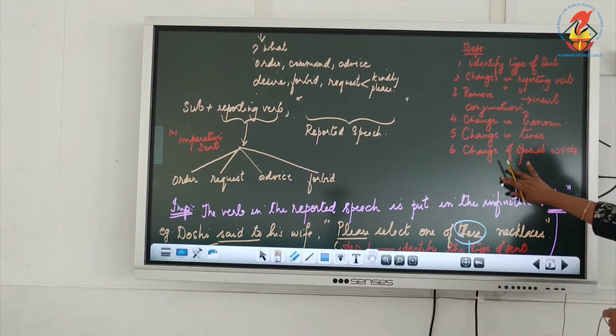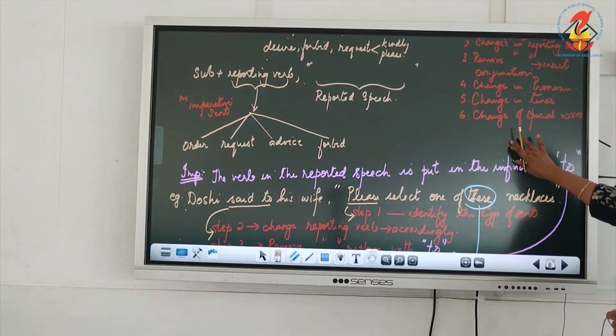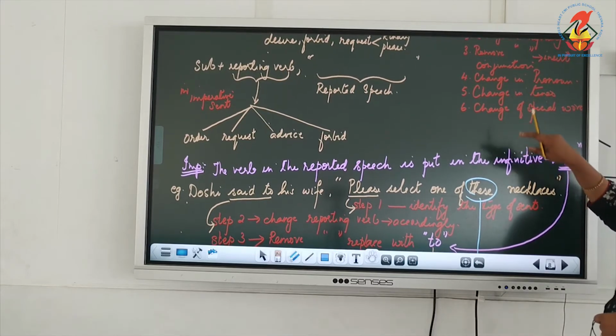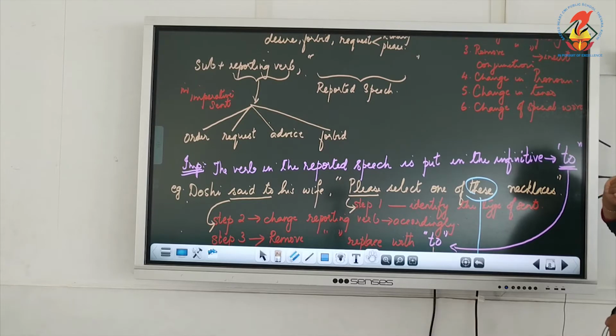Then, after that, you will make changes in the pronouns. Next, you will make changes in the tense. And finally, if you have a special word, you will make changes in the special word also.